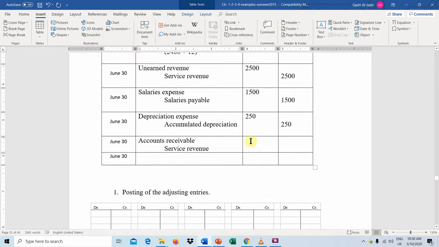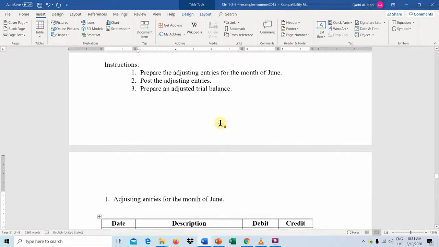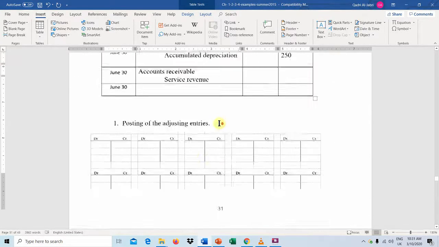So always, as you can see, in accrued expenses, expense not recorded or paid. So for this one, we recorded a credit for salaries payable. And this one, we performed services, but we did not record it or collect it yet. So that's why we debit accounts receivable. And the amount is 3,000, I think. Yes.